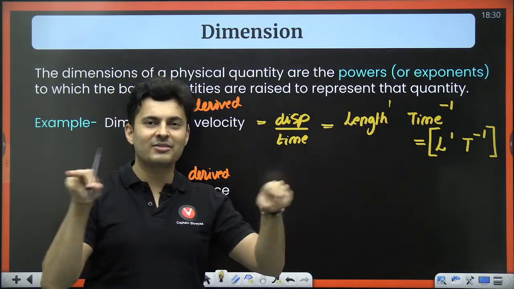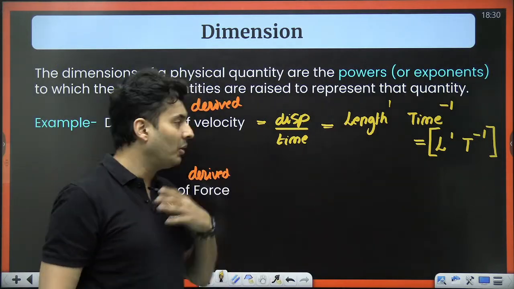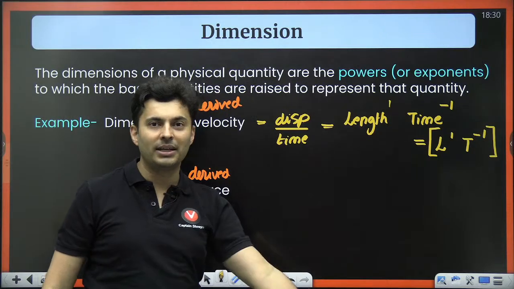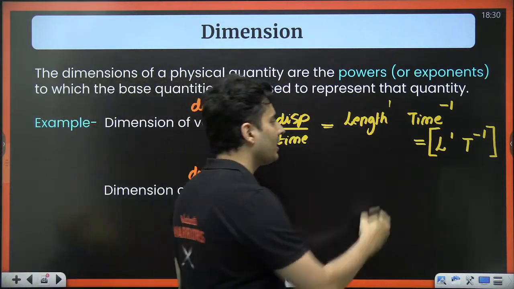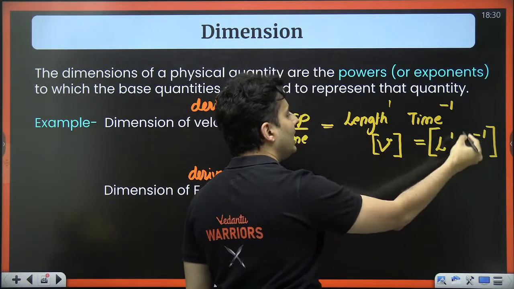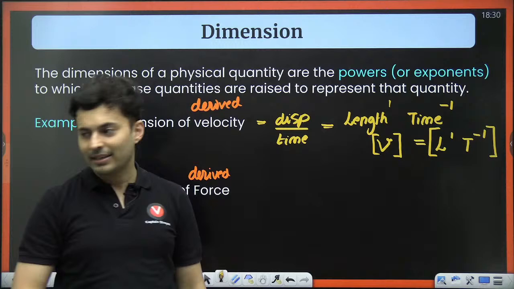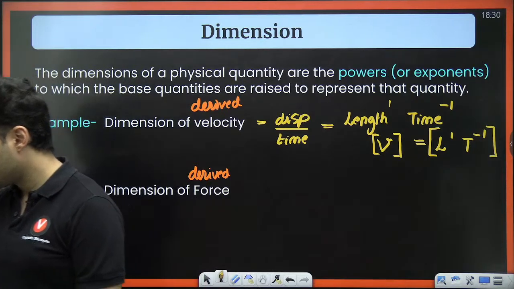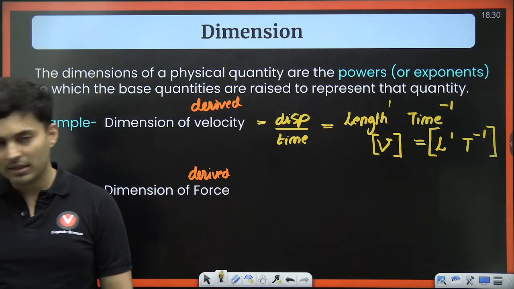Whenever square brackets come, it means you are talking about the dimension of that quantity. So the dimension of velocity is L raised to 1, T raised to -1. Is that clear, my dear warriors?